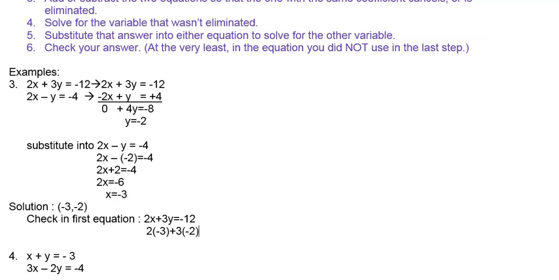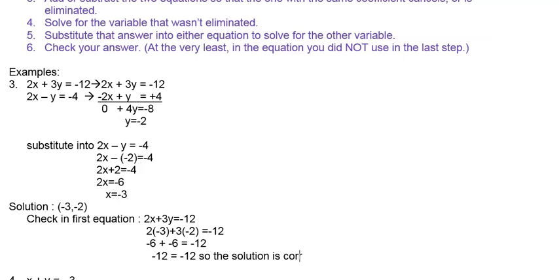That's minus 12 on the left side, negative 12 on the right side. Remember, on these equations, we keep things on the side that they're on. So we won't move anything over. We're just seeing, does the left-hand side equal the right-hand side? And in fact, we do get minus 12 equals minus 12. So the solution is correct.